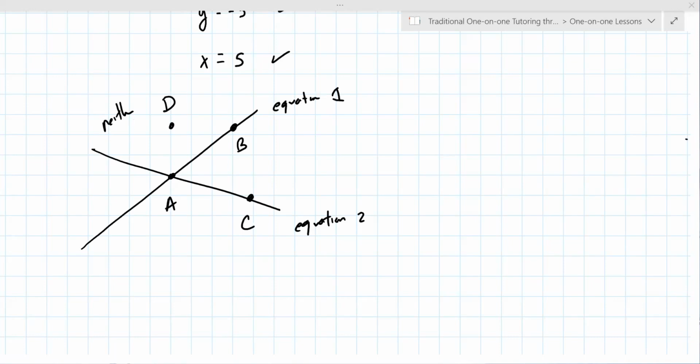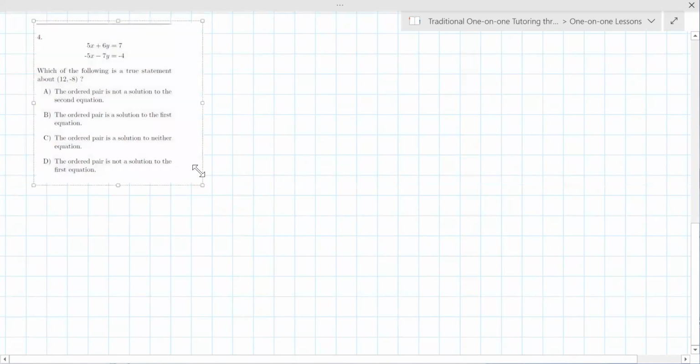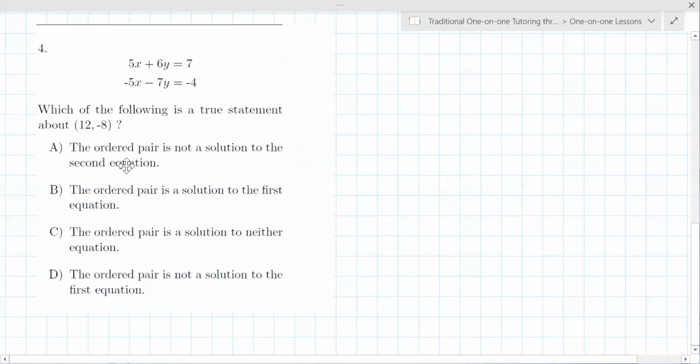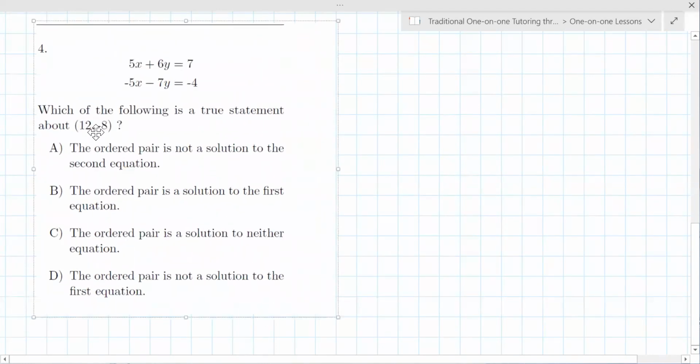So let me snip in the entire question now. So the entire question states, let me get this framed in the screen a little better. It says, which of the following is true about 12 comma minus 8? And you just found, though, that the solution is 5 minus 3.